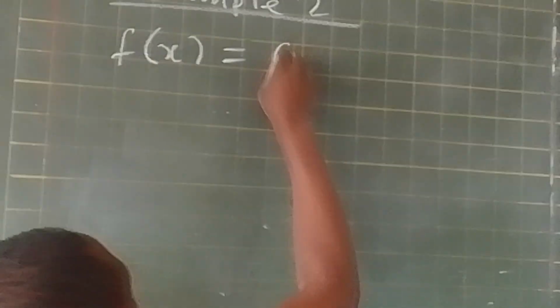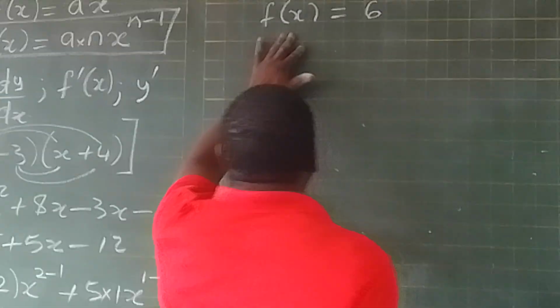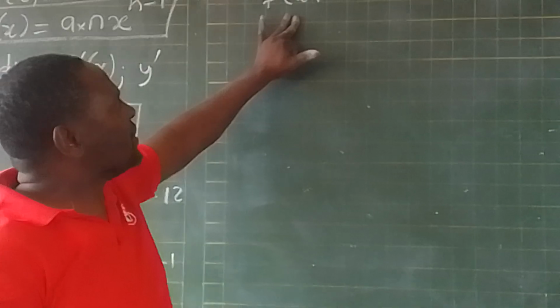We are given f of x is equal to 6. Now we want to prove the fact that when you derive the constant, you get 0.